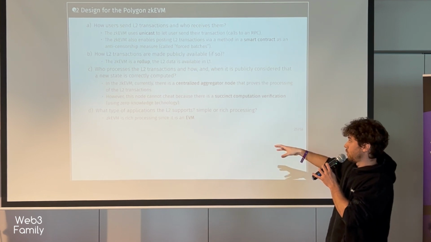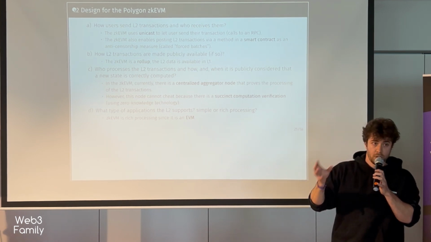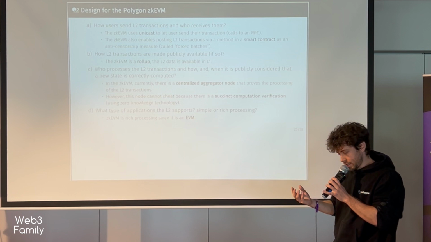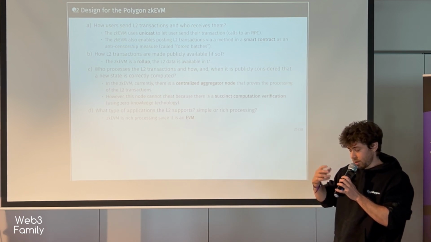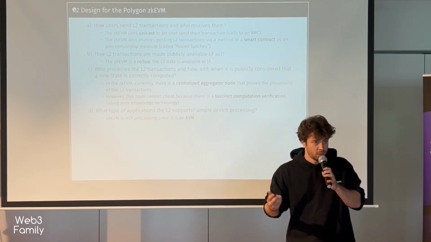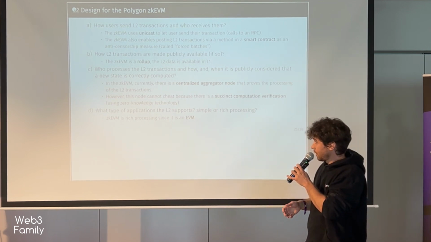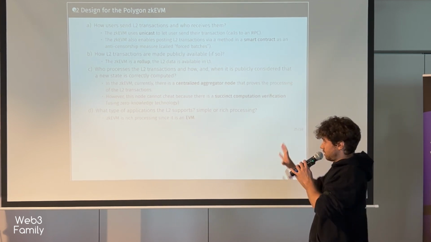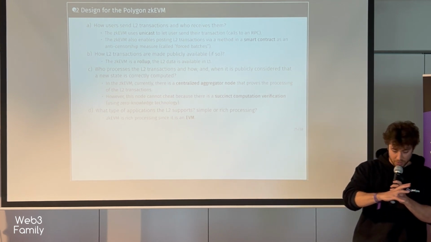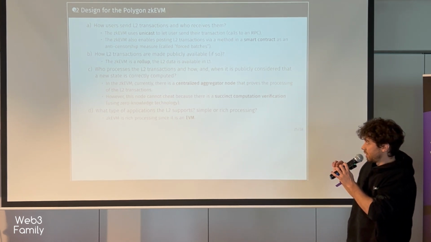And finally, we are an EVM, a type 2, because the same process and the same logic that our rollup does is the same as Ethereum, as an EVM. So that's a little bit of the history of how an L2 has been evolving.